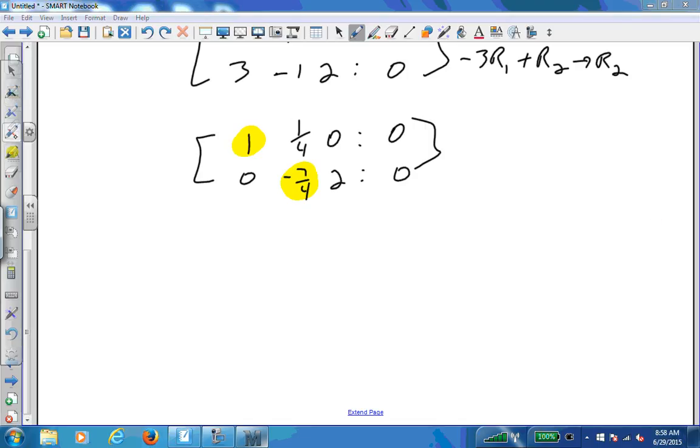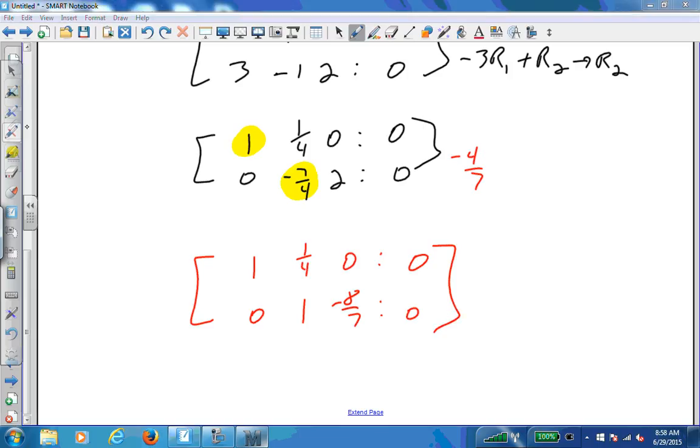So let's multiply this bottom row by -4/7 so that we get a 1 here. So 1, 1/4, 0, 0, and 0, 1, -8/7, 0.